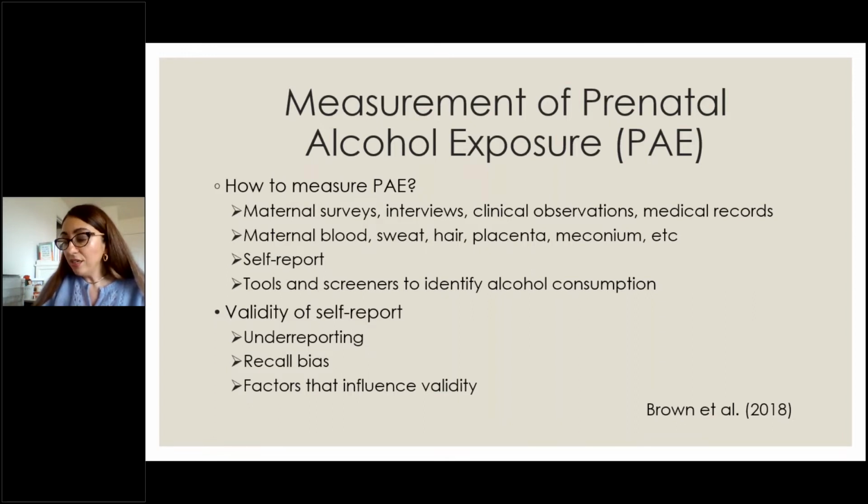So the interview environment, the context of the interview, and how questions are asked will definitely make an impact on the validity of the self-report.